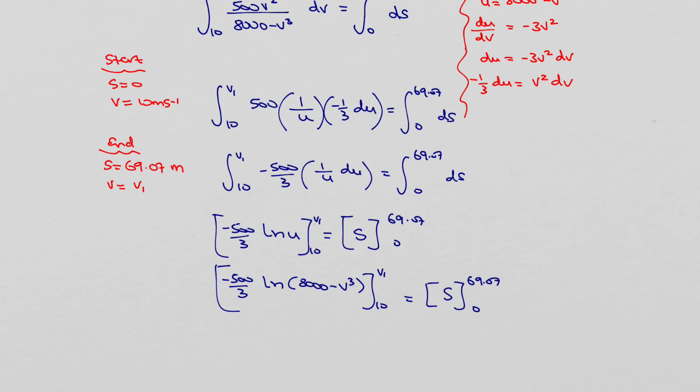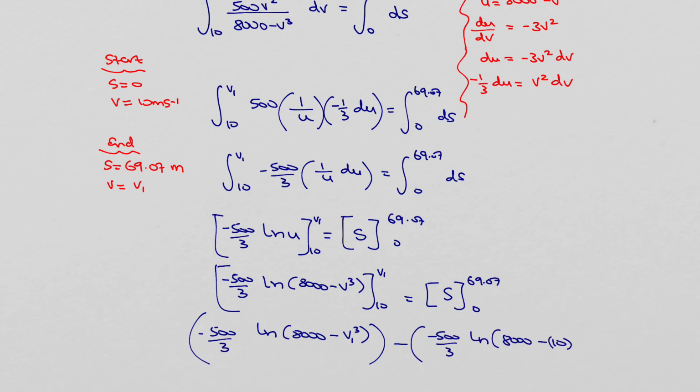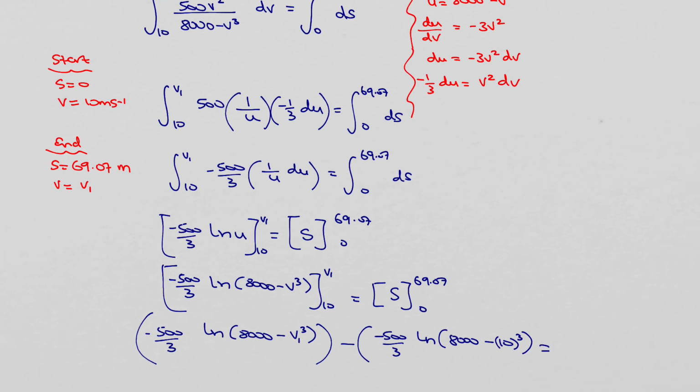Okay, so subbing in our limits then, we have minus 500 over 3 natural log of 8,000 minus v1 cubed, minus minus 500 over 3 natural log of 8,000 minus 10 cubed, and that equals 69.07.